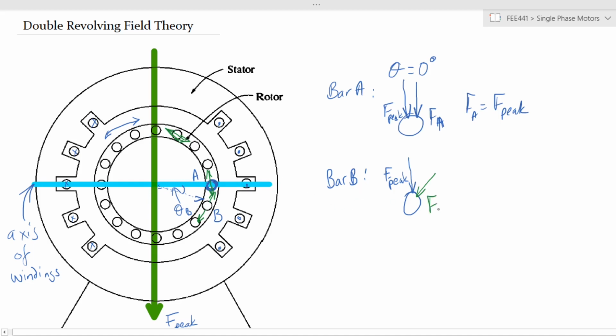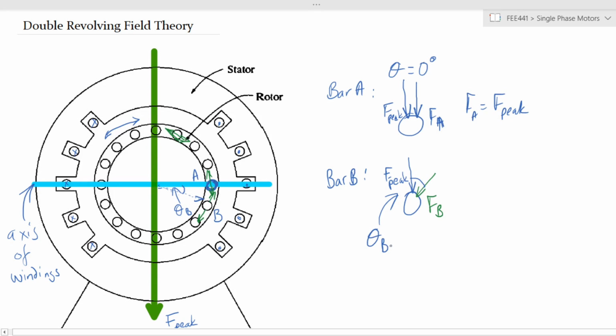So let's look at FB. Force FB is at an angle to F peak. We talked of the angle between B and the axis of windings being theta B.